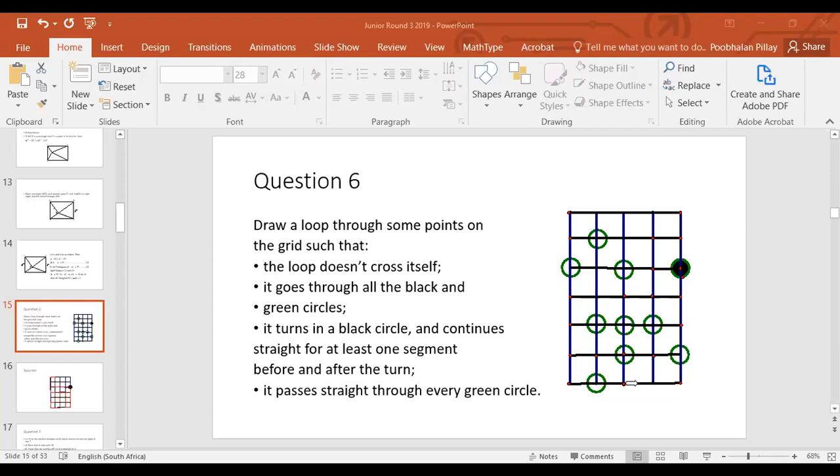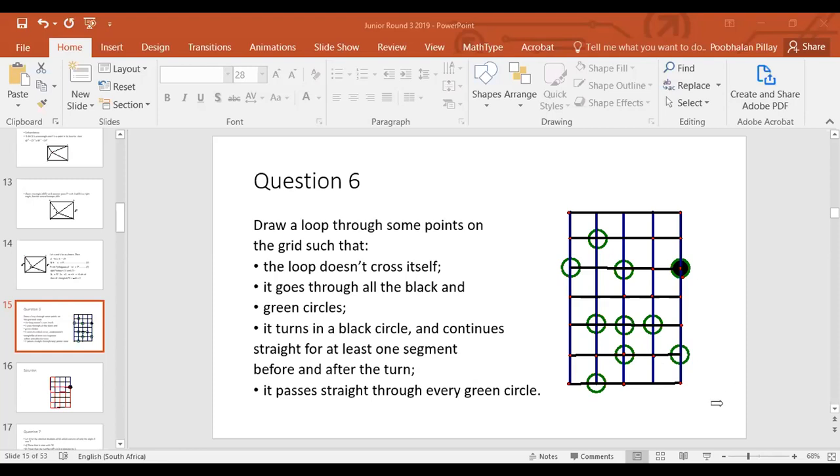Now, what this actually means, and I don't know whether they are saying this clearly, is that if you make a turn, like for instance, you went up here and you turn here, then before you take the turn, you must go through at least one full segment.